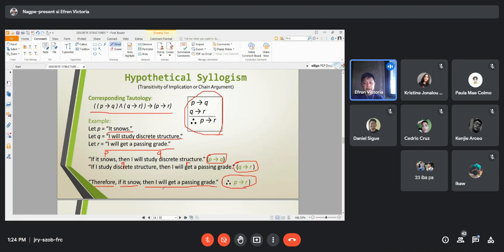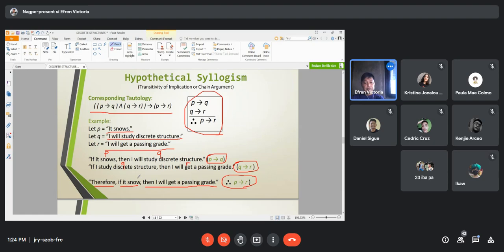So based on the conclusion, if it snows, then I will get a passing grade. So ano yung assurance na if nagkaroon ng snow, makakakuha siya ng passing grade? Based doon sa premise na if it snows, I will study discrete structure, then if I study discrete structure, then I will get a passing grade.